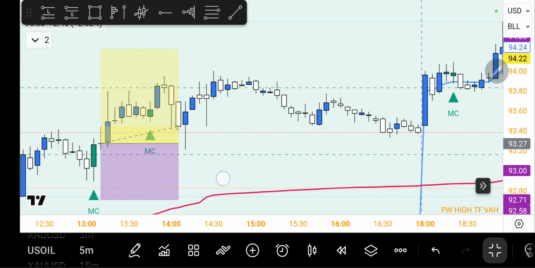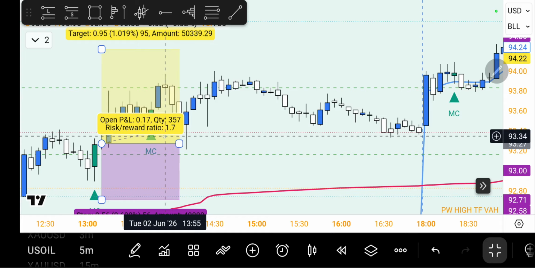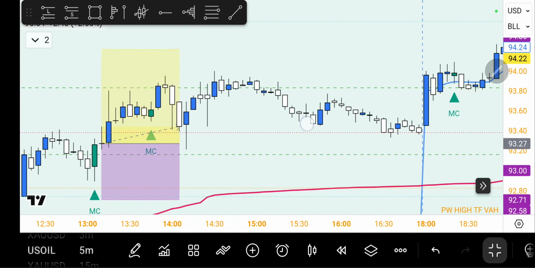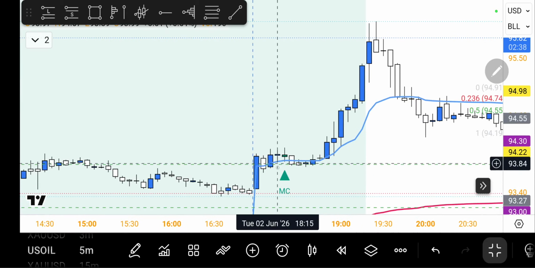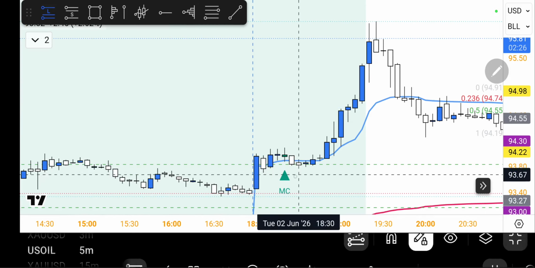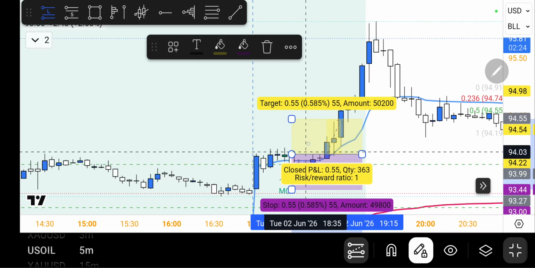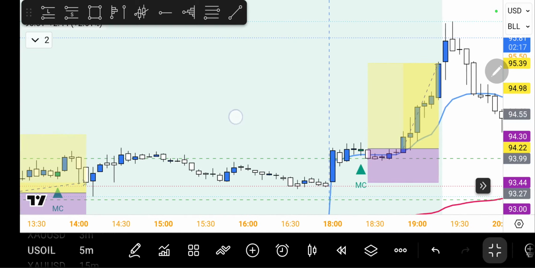So now I took this, and usually I just target a 1 to 1.7, as you can see, and this trade took a little time, but it won. And you can see I had another one just touching the VWAP here and this line. So if you're taking that for another winning trade, you should have gotten something good on this. As you can see, it went that high.